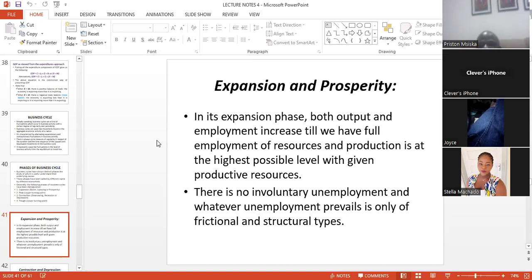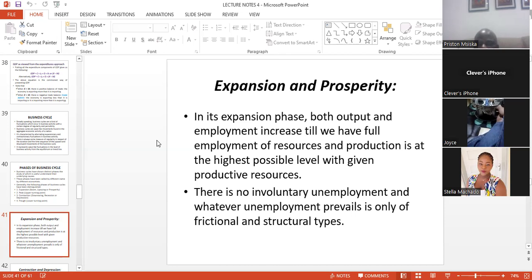So in this particular phase, you don't expect there to be any unemployment. Unemployment levels are supposed to be very low. And the only unemployment you will see is what we call frictional unemployment or structural unemployment.